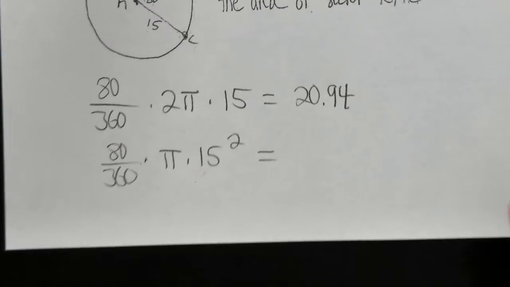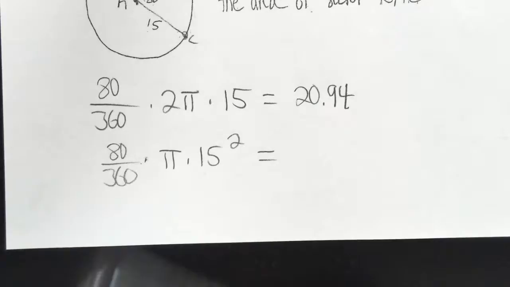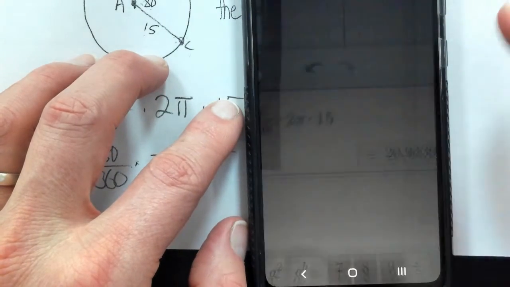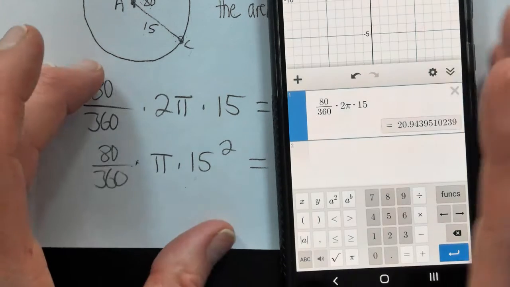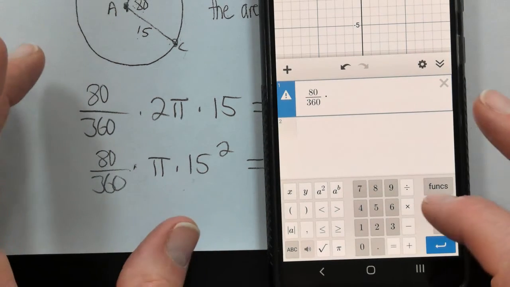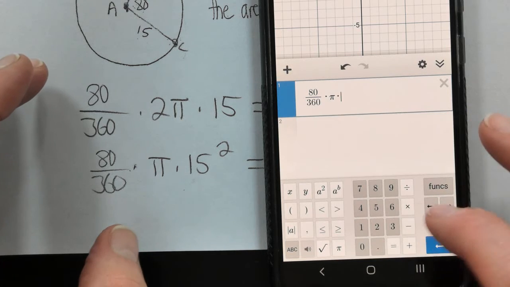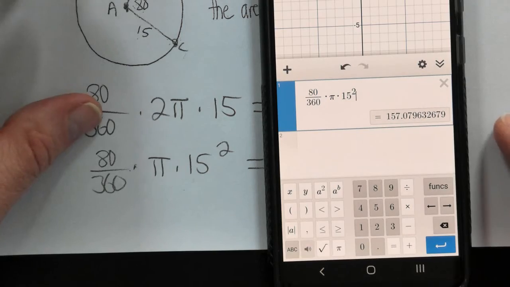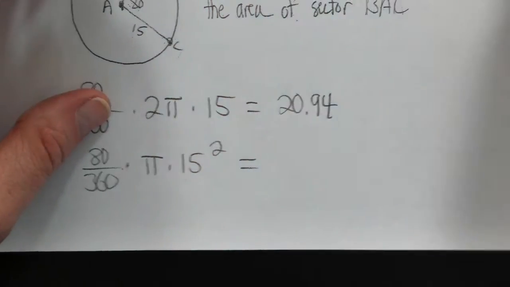So once you've got the formula plugged in, the rest is a matter of plugging numbers into a calculator. All right. So we'll go 80 over 360. I'll just leave that exactly the way it is. Times pi times 15 squared. And then there you go. The area of that sector is 157.08.